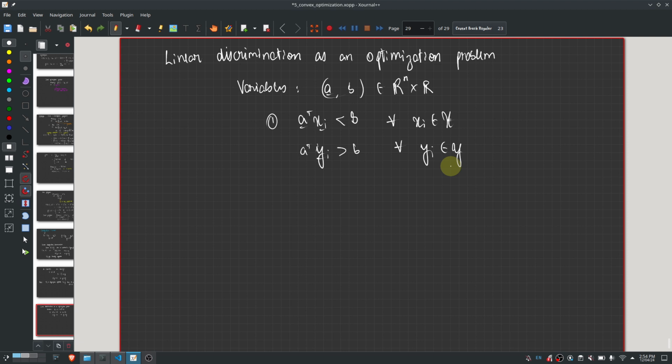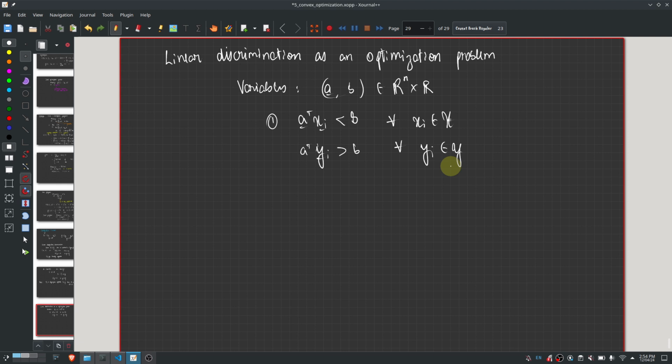But what is the objective function? Between what? Difference of what distances? Okay. So for now, I don't care.